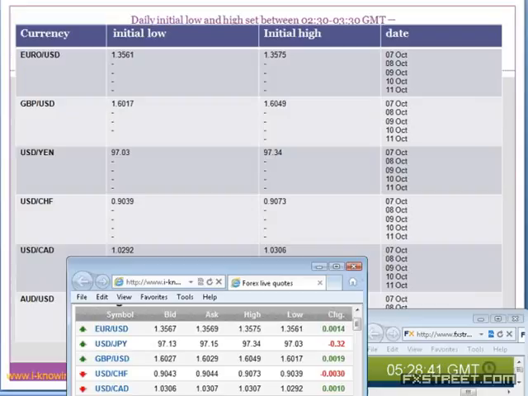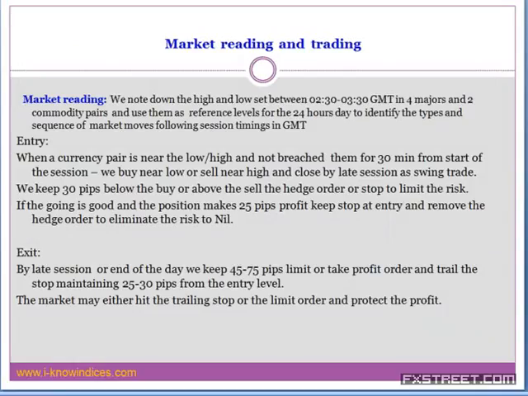Now coming to the market trading technique. So we always, for the currencies, form the initial lows and highs, and make a note of them. And when the spread becomes more than 40 pips during the session start time, or if the market has not cut the low for 30 minutes of our observation, take the buy position near the low, or take the sell position near the high if the market has not breached the high for more than 30 minutes.